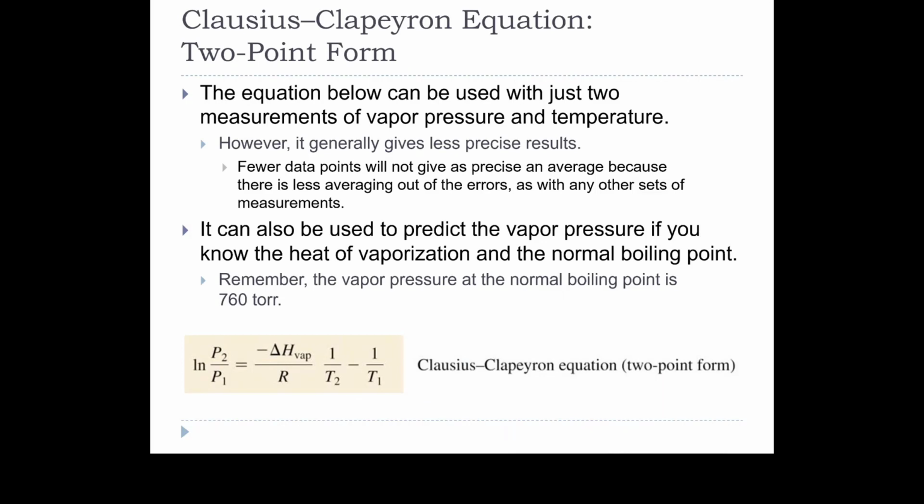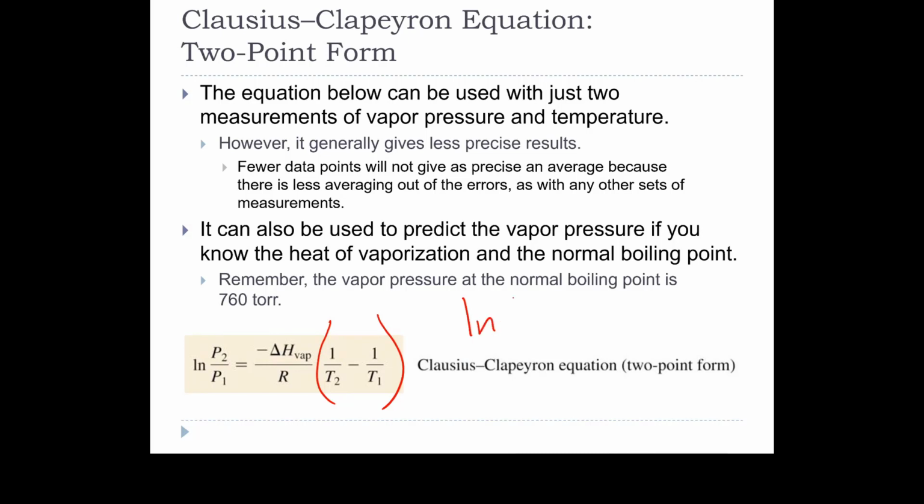This is the equation that we care about, okay? Natural log of pressure 2 over pressure 1 is equal to minus delta H over R multiplied by, and I like it better when there's the parentheses there, 1 over T2 minus 1 over T1. You will see me write this equation without the minus sign.